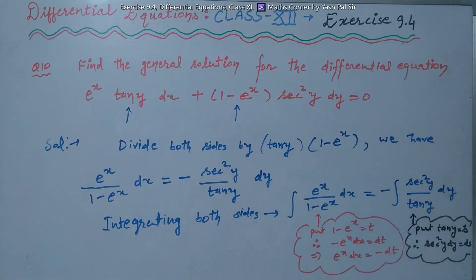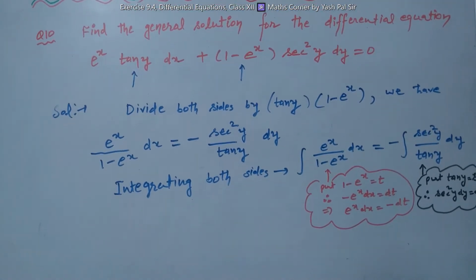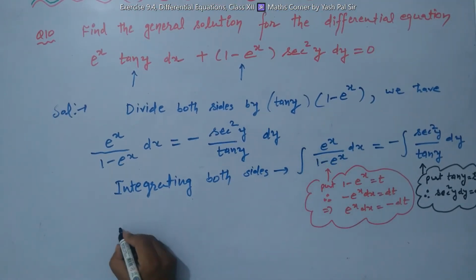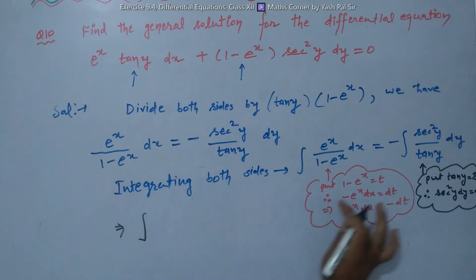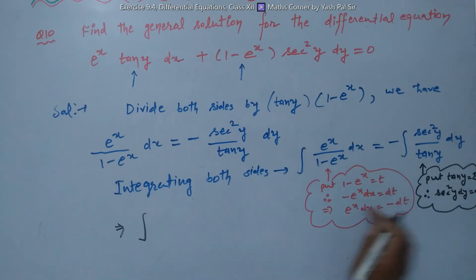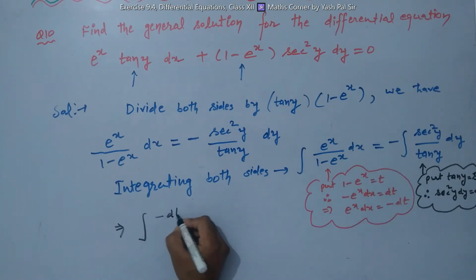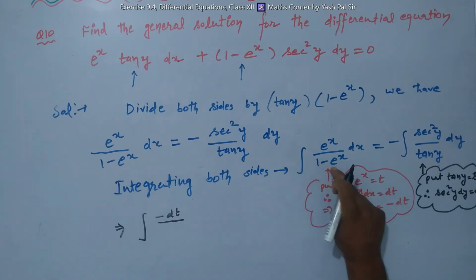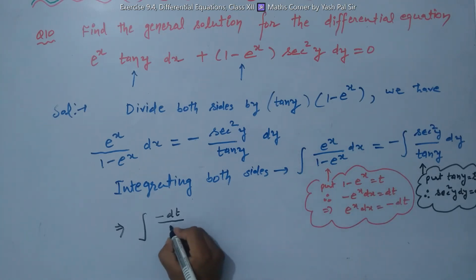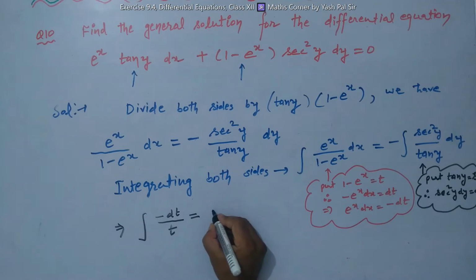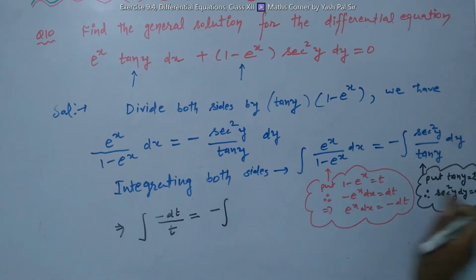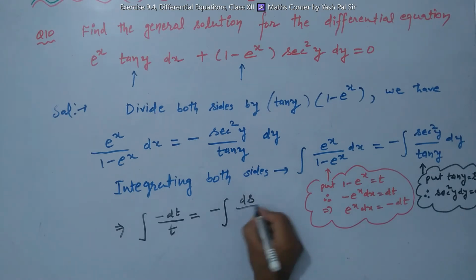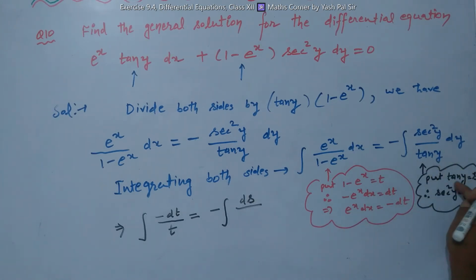So this way, what we have now, this becomes integration of e power x into dx mean minus dt divide 1 minus e power x mean t, right hand side minus sign, secant square y into dy mean ds divide tangent y mean s.